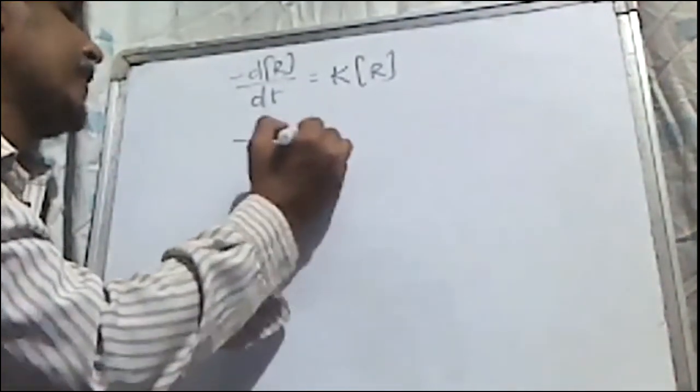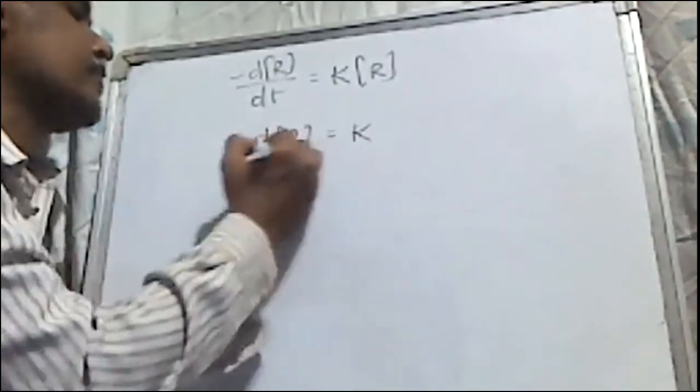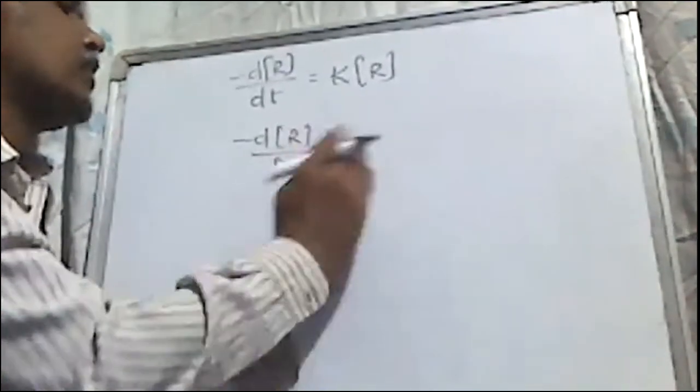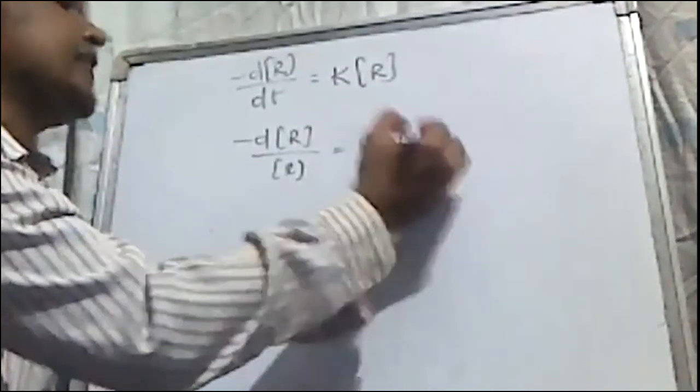Suppose I rearrange this term: dR by R is equal to K into dt.